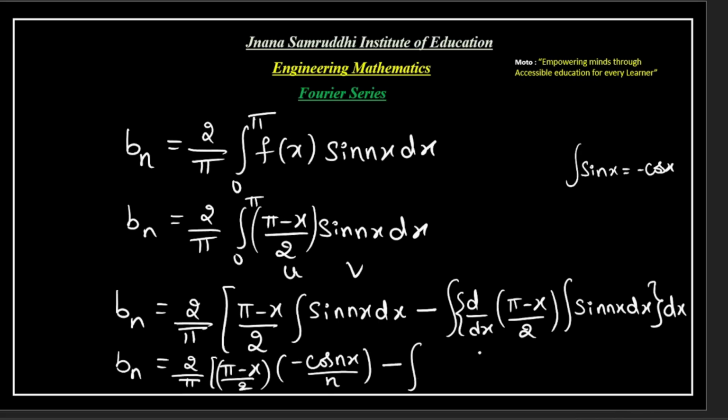Minus, the integration of d by dx of pi minus x by 2: pi is constant, so it will become 0, and minus x will be minus 1 by 2. Then again the integration of sin nx is minus cos nx by n, and the dx is there as it is. Again one more integration we need to apply. The limit is 0 to pi, in the next step.